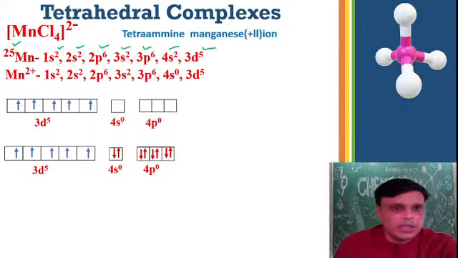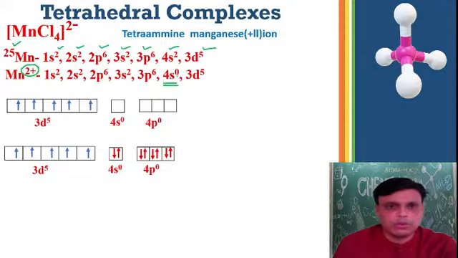So total 24. Now the oxidation state of metal is 2 plus. So 2 electrons will be removed from 4s orbital.